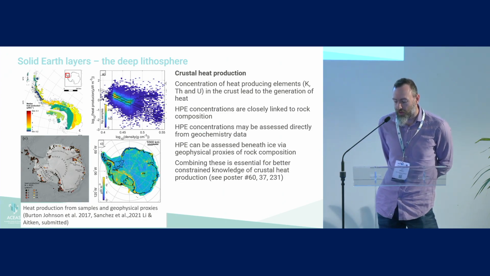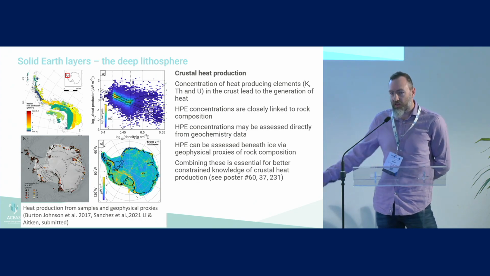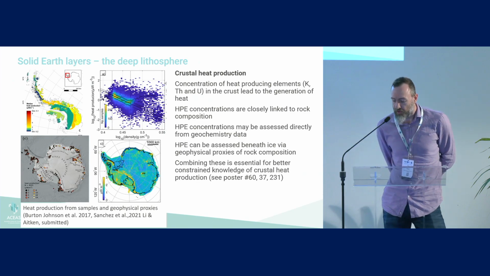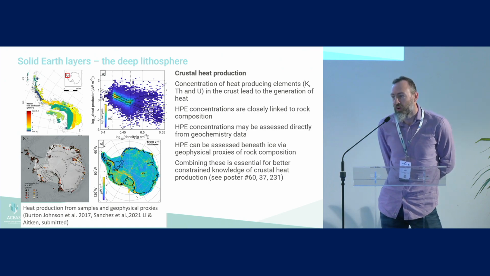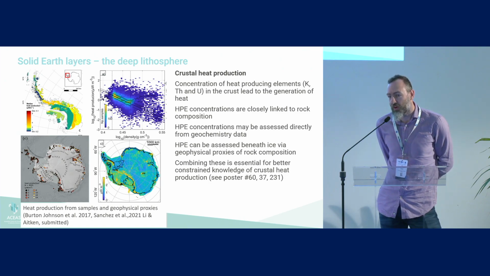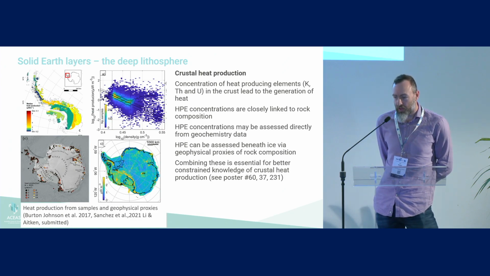So we can use geophysical proxies of rock composition, whether that be density, susceptibility, seismic velocity, et cetera, and combining these together, I think we can make a better understanding of the amount of heat being produced in our crust, as well as the thickness of the crust and its internal layering. So I think that's one avenue that's definitely important to keep pursuing.